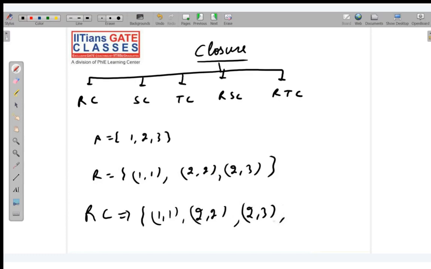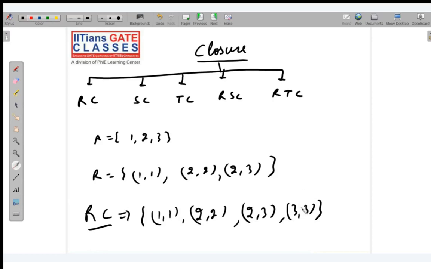Then I will check, is it reflexive? No, because (3,3) is missing. So simply add it. That is the reflexive closure. So simply copy the relation and add only those elements which are missing to make it reflexive.